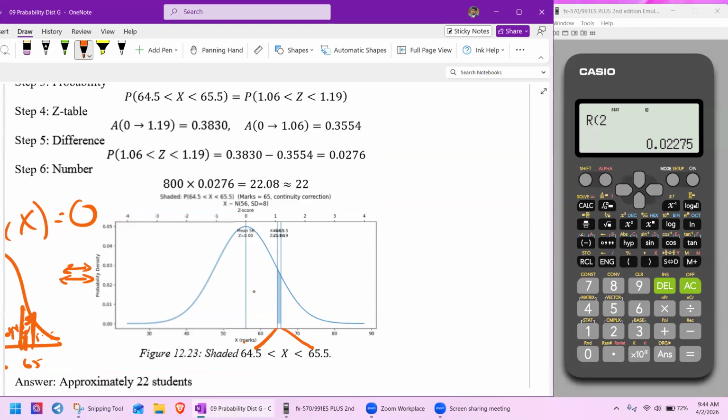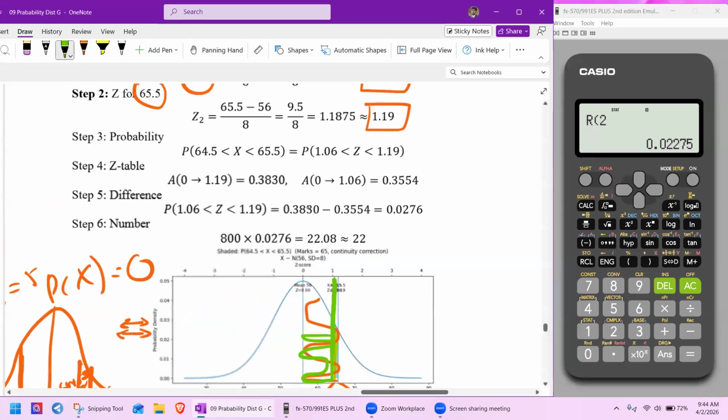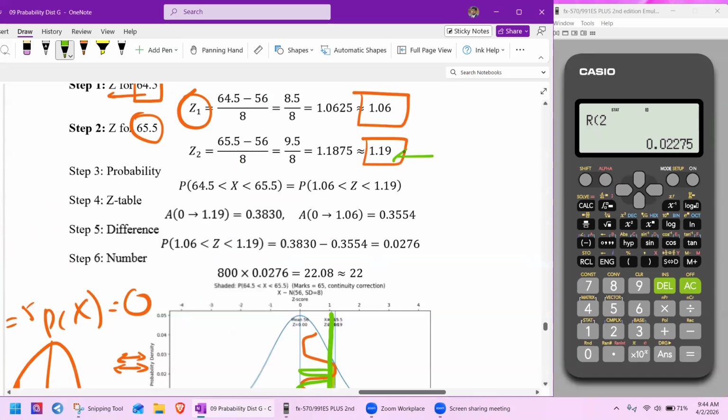In the table we can see the area up to this, and the balancing area will be this. So first we find the area for Z 1.19.